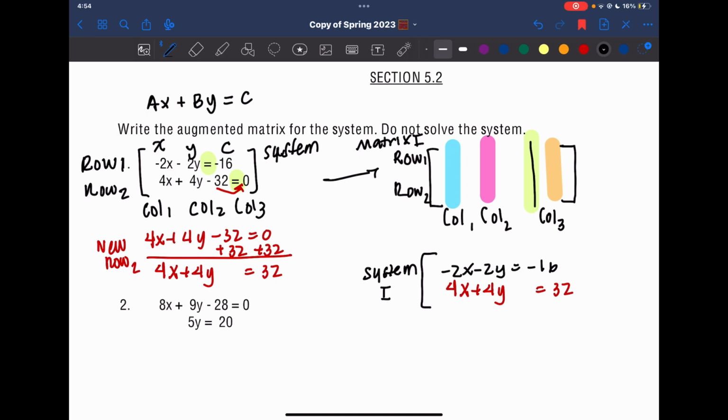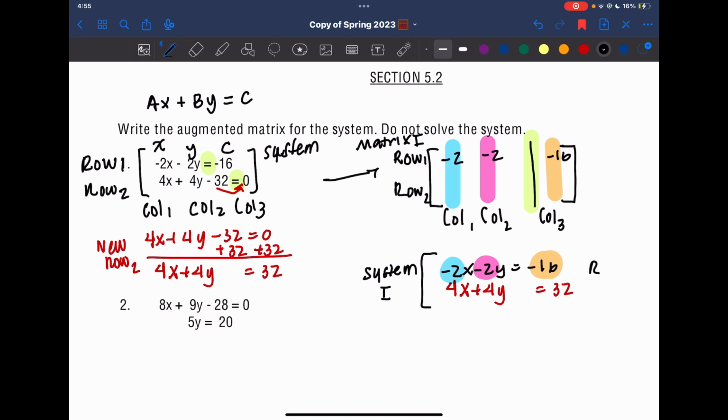So we're going to put in those coefficients. I'm going to start with the row. So we're going to go x, y, constant. So let's color code this. We're going to go coefficient of x, coefficient of y, and then our constant. So that's going to be -2, -2, -16. And we're going to do this for the second row.